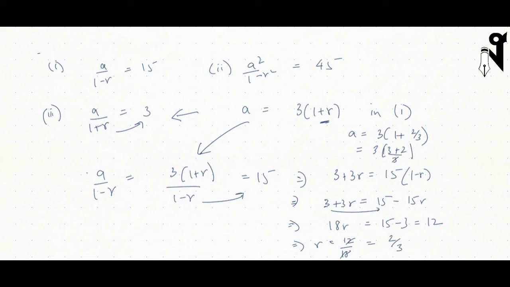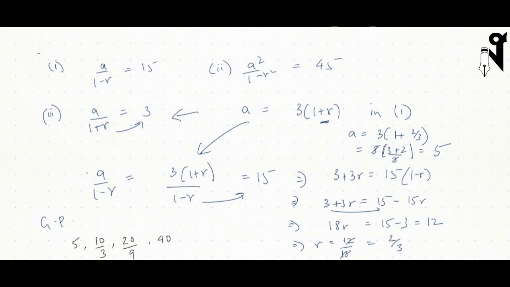So a is 5. I got the GP: 5, then 5 into 2 by 3, so that is 10 by 3. Then 5 into 2 by 3 into 2 by 3, so 10 by 3 into 2 by 3, that is 20 by 9. 20 by 9 again into 2 by 3, that is 40 by 27, and so on.